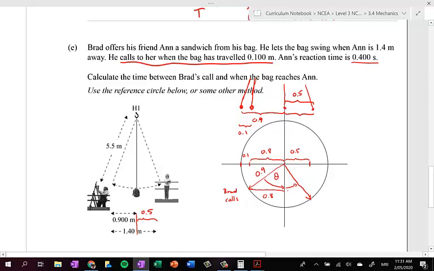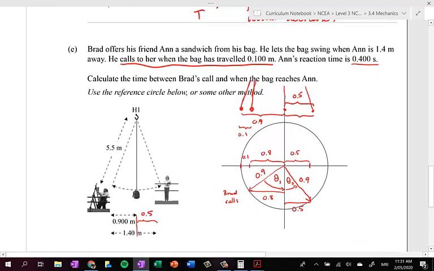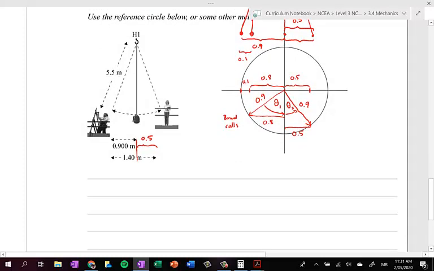And then we need to figure out what this angle is. Let's call it θ1. And that's θ2. And this distance here is 0.5. And this phasor's length is always the same as the amplitude, so that's 0.9. So the reaction time, I think, is just a red herring here, which is a bit annoying. So let's figure out what those two angles are.